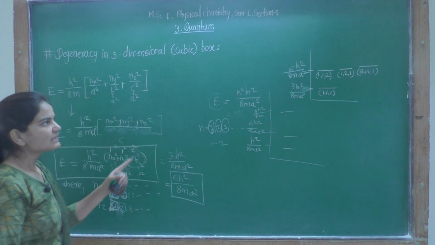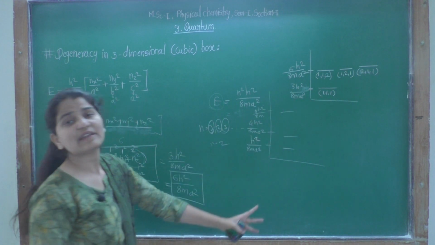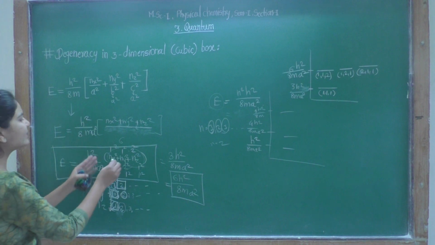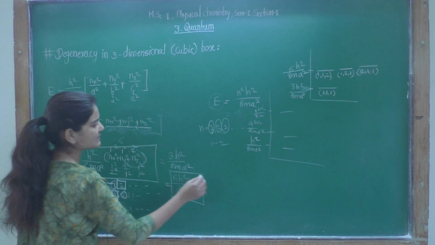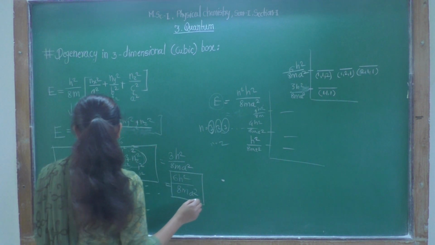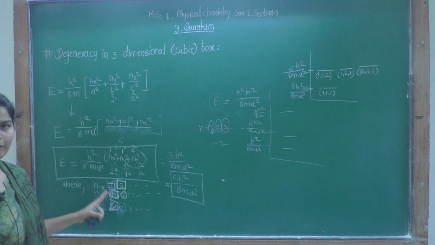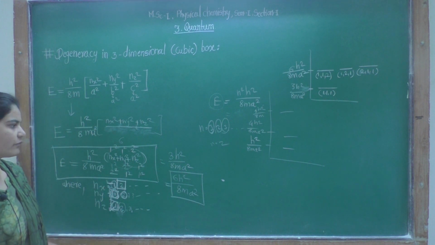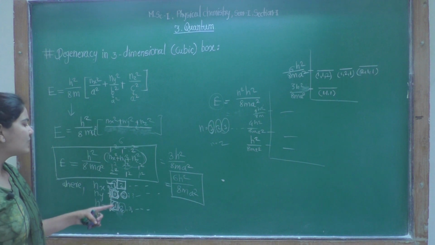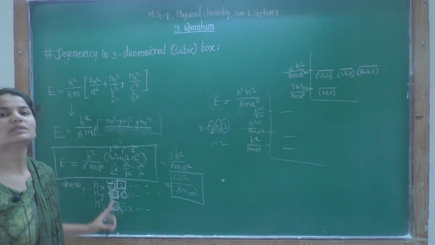So, these are 3 different levels. For the same particle, Nx will be 1, Ny will be 1, Nz will be 2. For the next condition, Nx is 1, Ny is 2, Nz is 1.